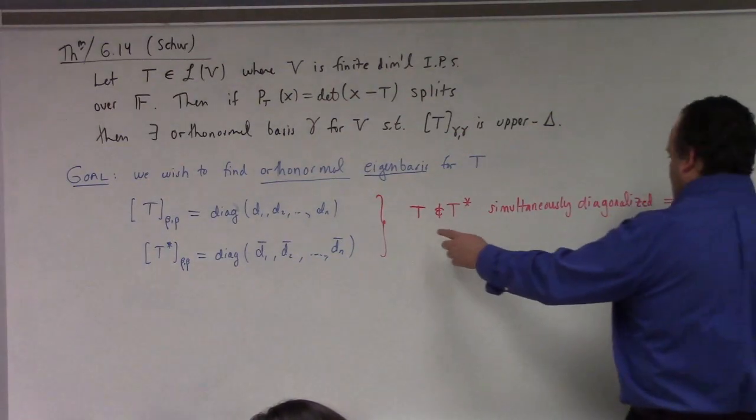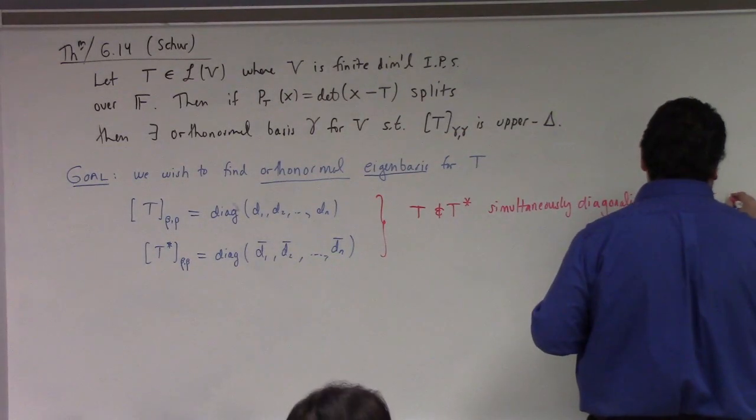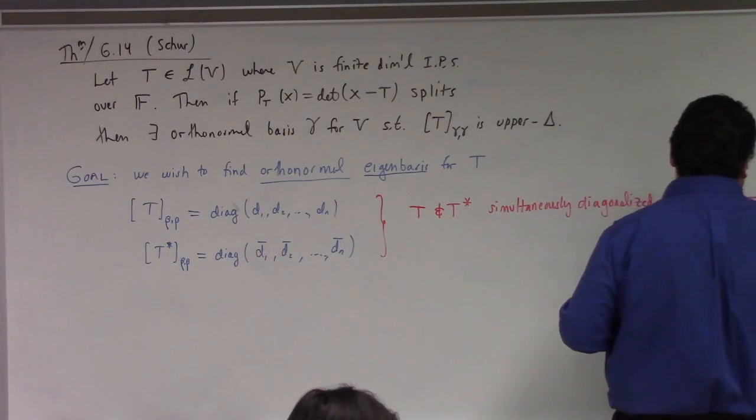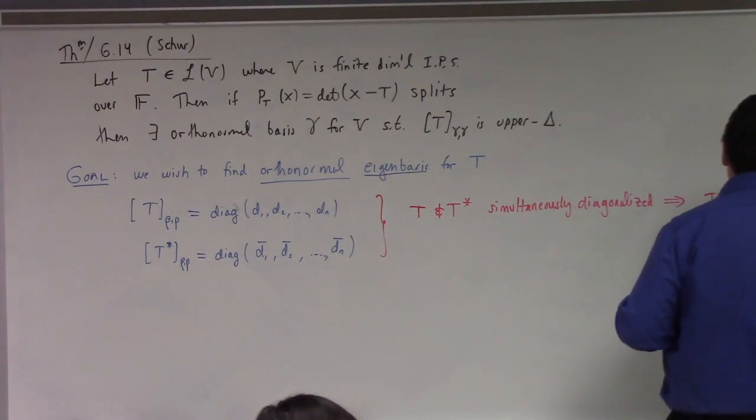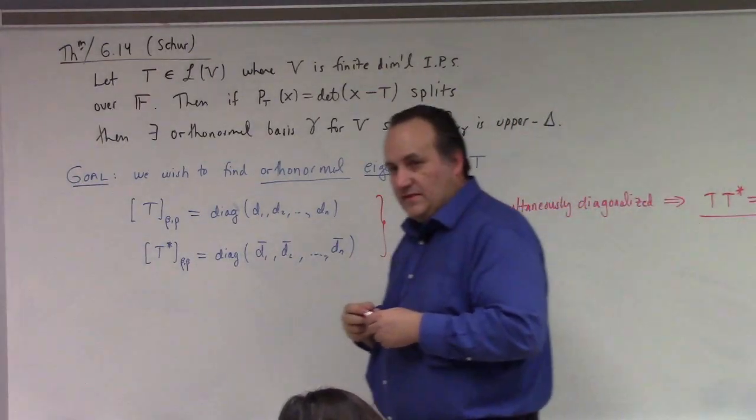But what that means then is that this implies that T star T is equal to T T star, all right? That's what that means.